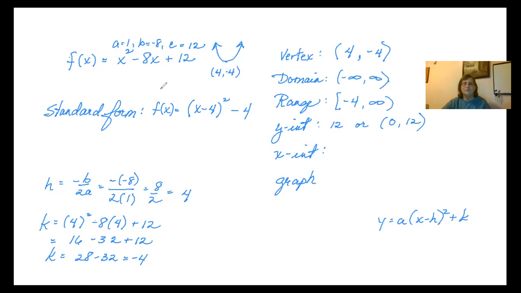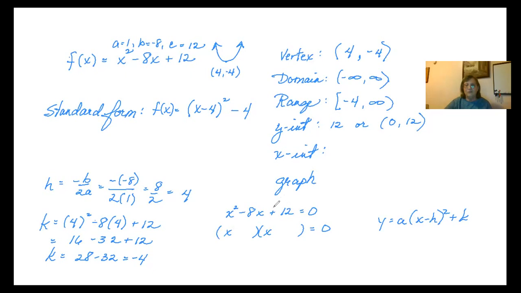The x-intercept is what you get when you set this equal to 0. And you can, of course, use the quadratic formula, but I believe this is going to factor, so I'm going to try that. The quadratic formula will give you exactly the same answers.